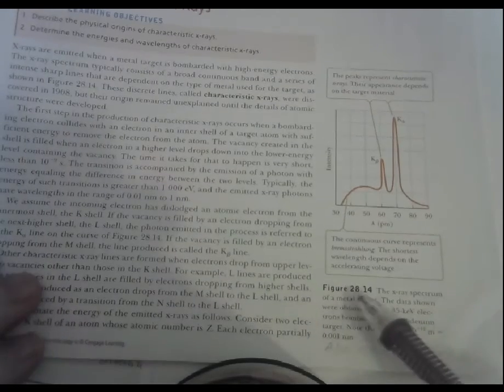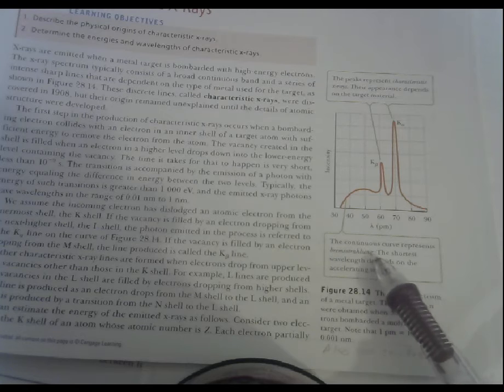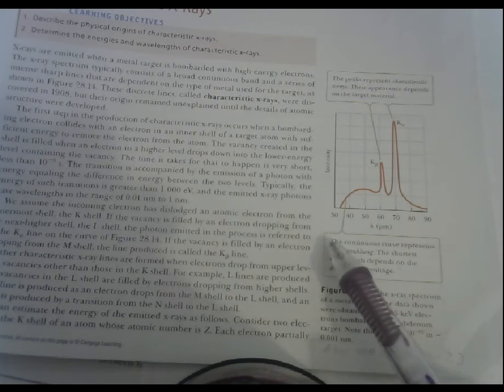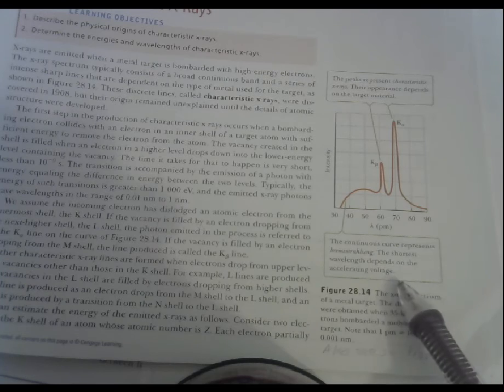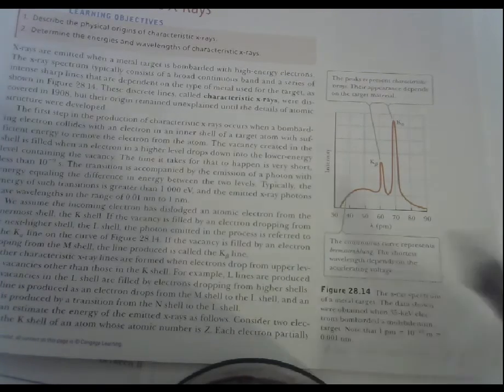In fact, figure 28.14 does a little better job of explaining the Bremsstrahlung radiation, because it says the shortest wavelength depends on the accelerating voltage. So that's the number there, between 30 and 40 picometers.